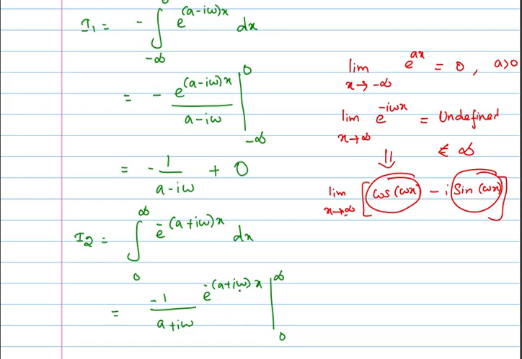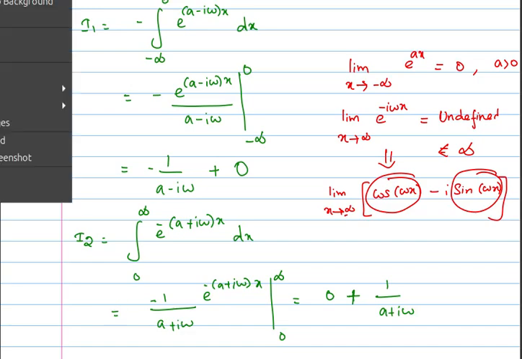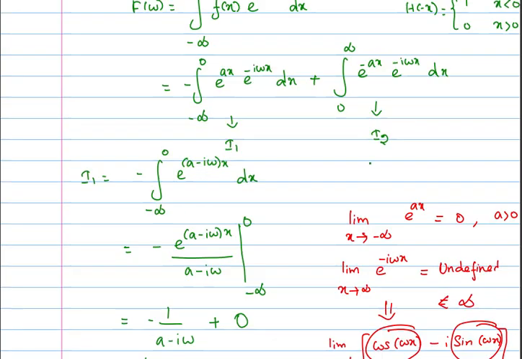At the lower limit I don't have any issue, but at the upper limit, infinity, the same argument applies as for I1. So this becomes 0, plus, because at the lower limit a minus comes and a minus is already there, it becomes 1 over a plus i omega. So my F of omega is I1 plus I2. This is nothing but minus 1 over a minus i omega plus 1 over a plus i omega.